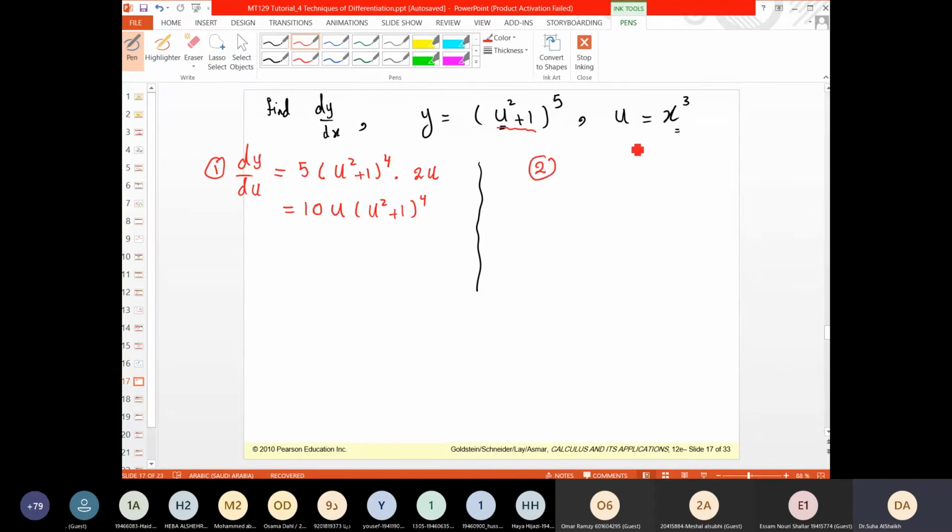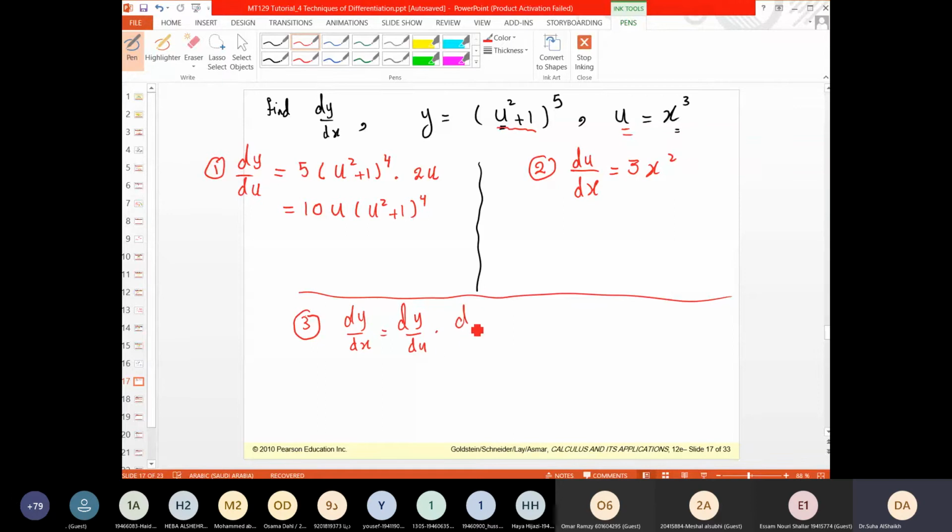Now the second, I will find du by dx because it's a function of x. This is 3x squared. The third step is multiplying the things. So dy over dx is nothing but dy over du times du by dx. This one is 10u times u squared plus 1 to the power 4, multiplied with 3x squared.